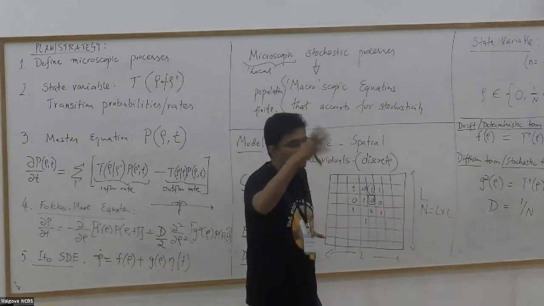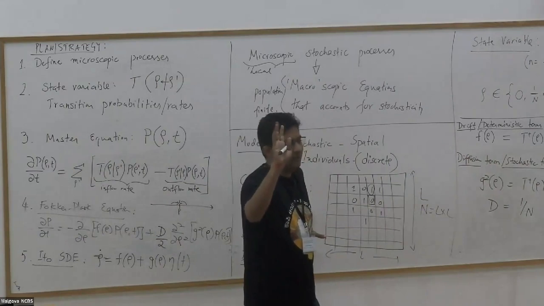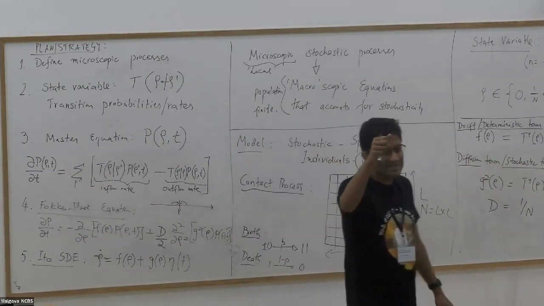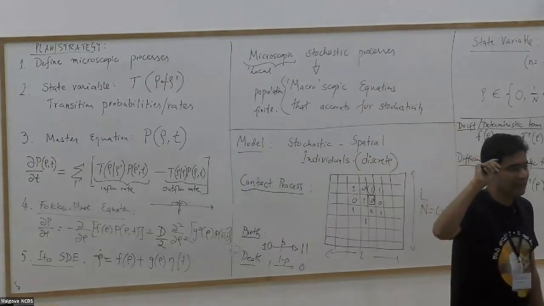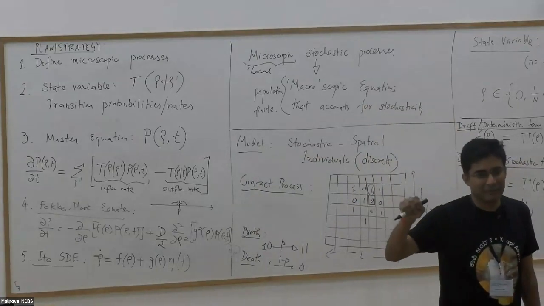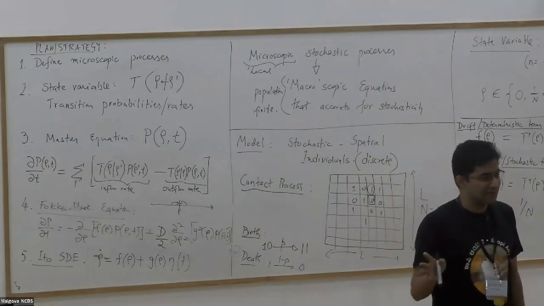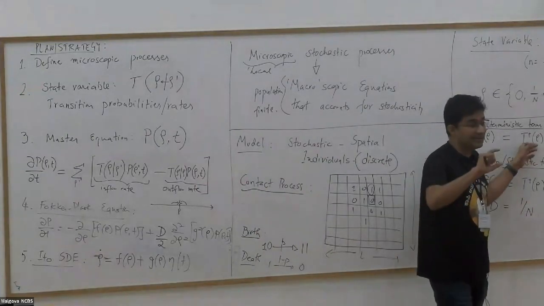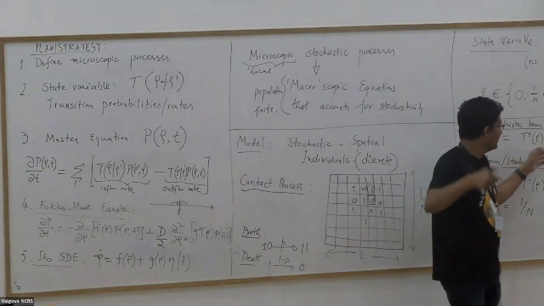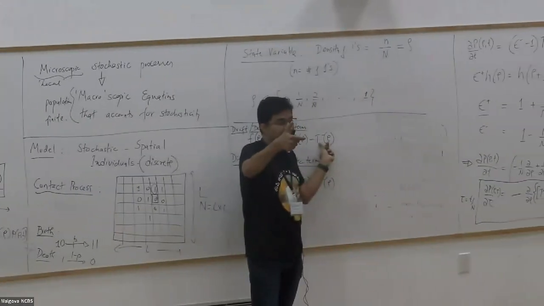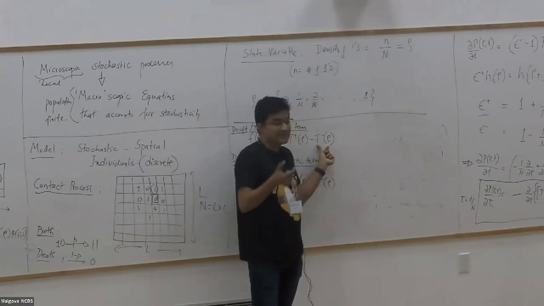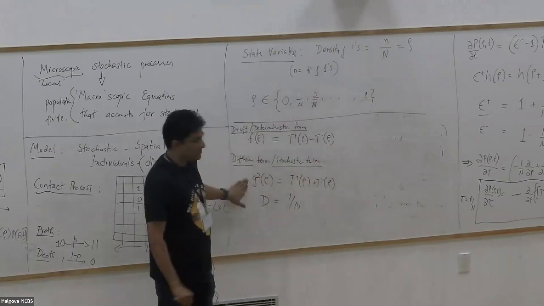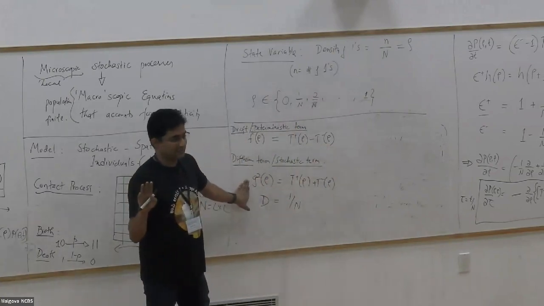Even if I had a very different model, talking about how animals are changing their behavior, how their locations are changing over time. It doesn't matter what the state variable is, as long as t plus denotes the rate of increment of the state variable, and t minus denotes the rate of decrement of the state variable, these expressions are always right.